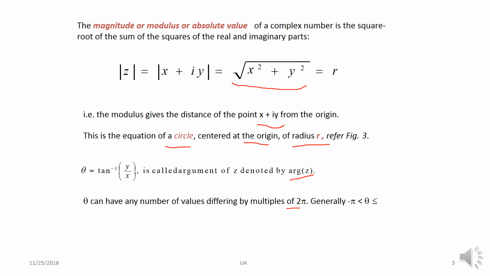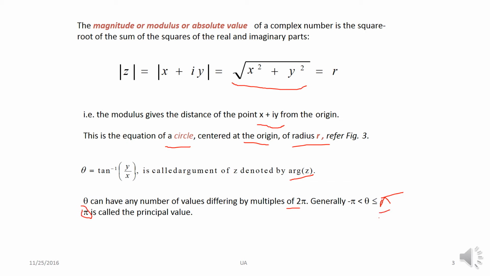So generally, minus pi is less than theta less than or equal to pi is called the principal value.